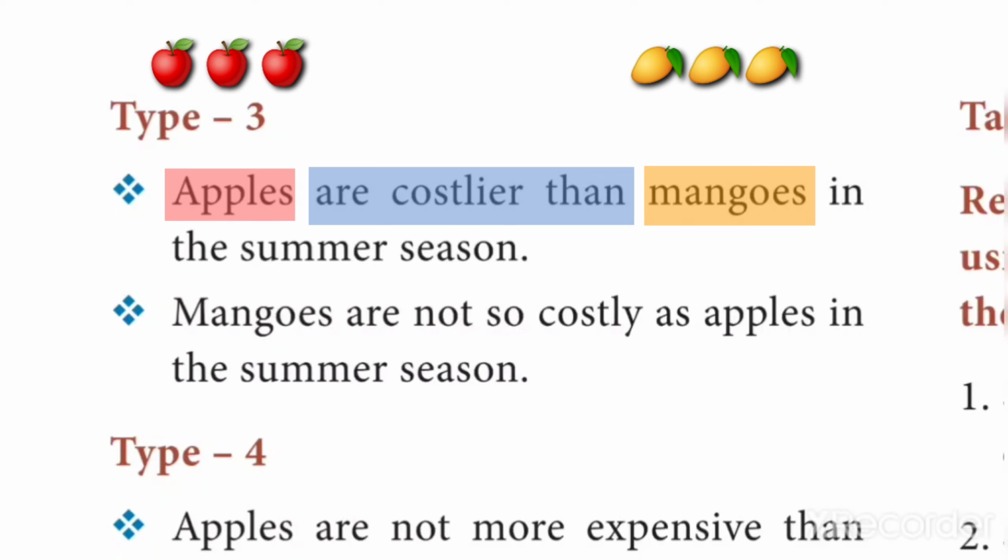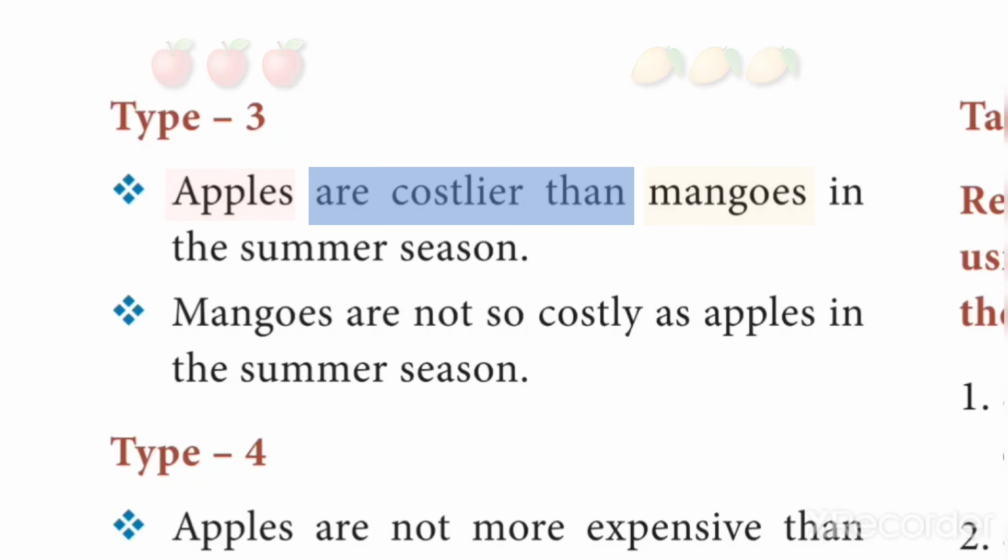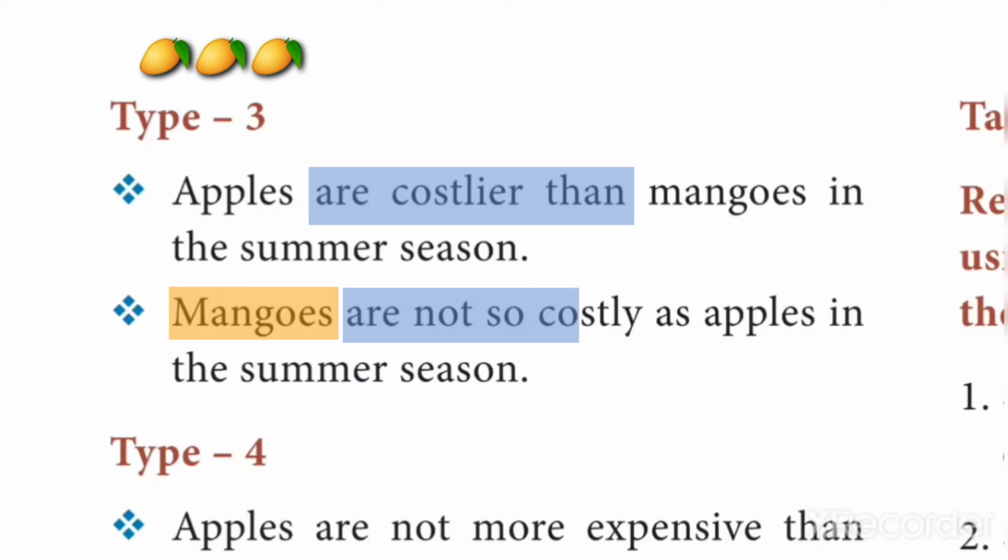We begin this sentence with mangoes. The earlier sentence begins with apples. Apples are compared to mangoes. But this sentence, the sentence in positive degree, begins with mangoes. Mangoes are not so costly as apples in the summer season.